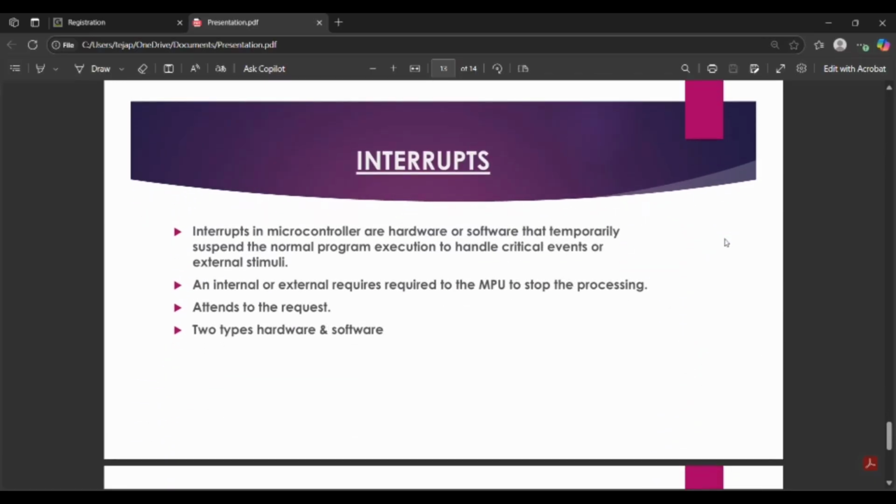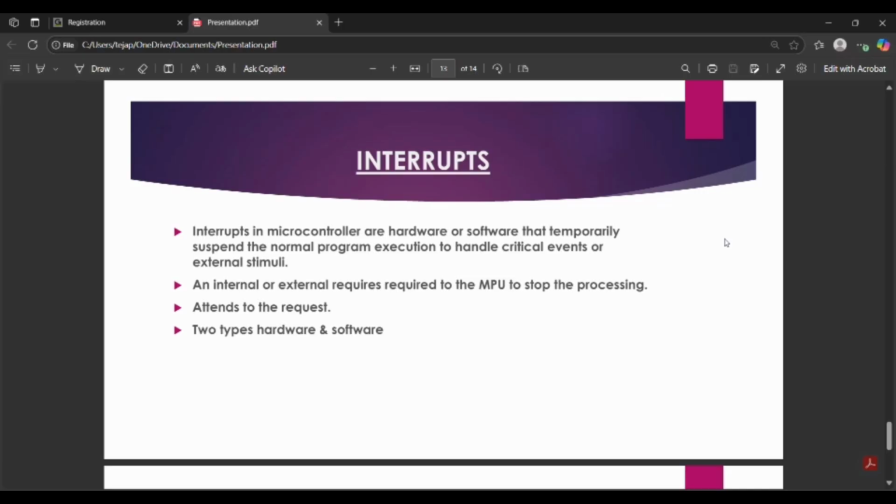And here are the interrupts. An interrupt is a microcontroller hardware or software mechanism that temporarily suspends the normal program execution to handle critical events or external stimuli. An external or internal request requires the MPU to stop the processing and attend to the request.